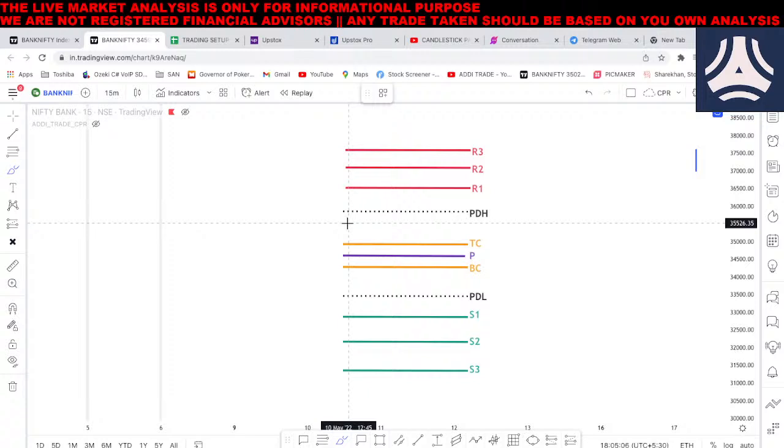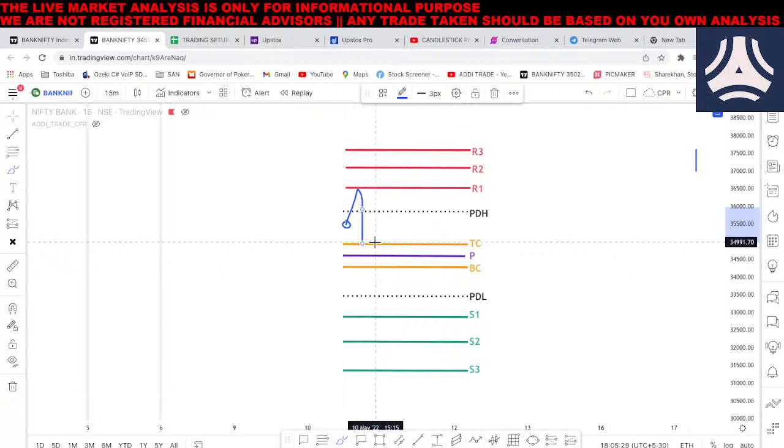We might get an entry around 9:30, and within 10:30 or 11 the trade will be done. That is, if the price opens between the CPR and the previous day high, most likely it will go up, take resistance at R1 or take resistance at the previous day high and get a quick dip until CPR. And the moment the price hits CPR, we need to book our profits.